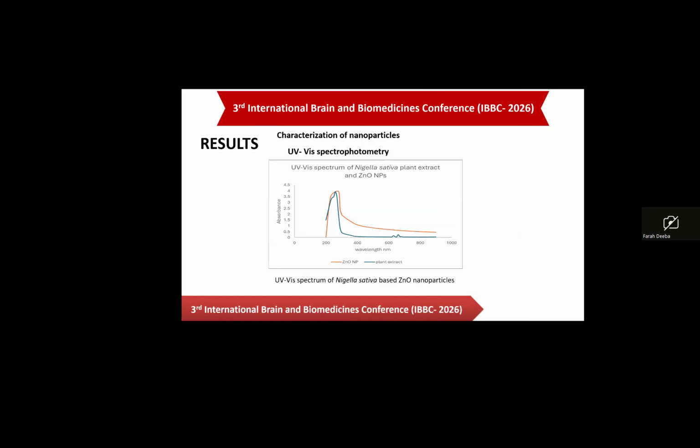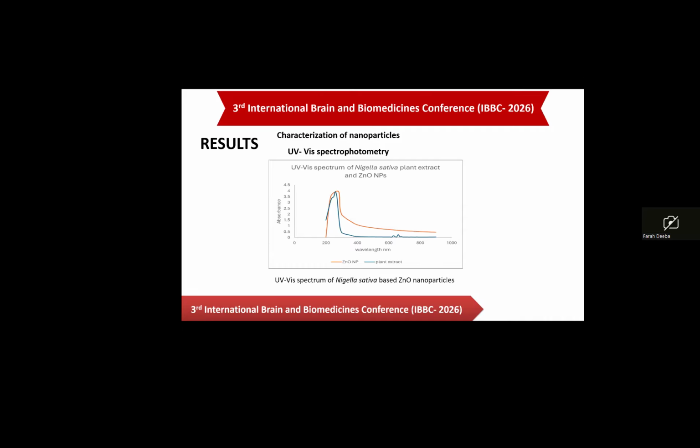Here are the results. First of all, we have divided the results into two major parts. The first part focuses on the nanoparticle characterization and the other part focuses on the chickpea performance. So first is the characterization. We have used UV-visible spectrophotometry, and this slide represents the UV-visible spectra of the zinc oxide nanoparticles.